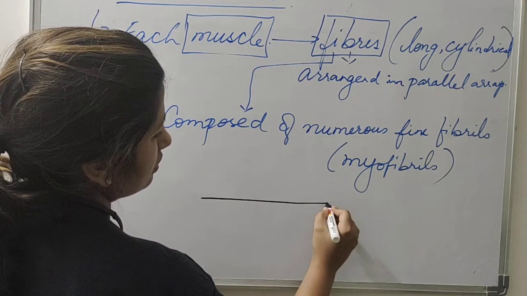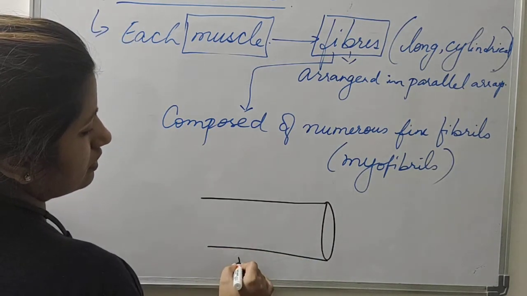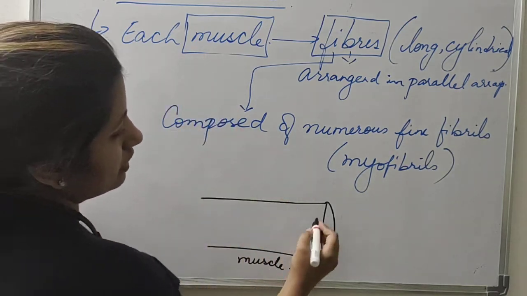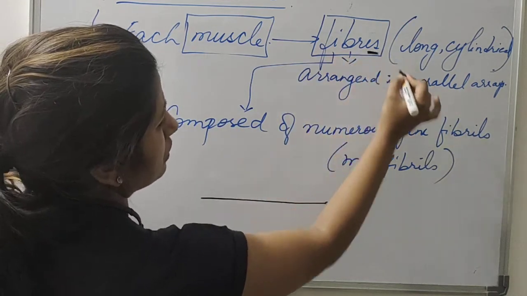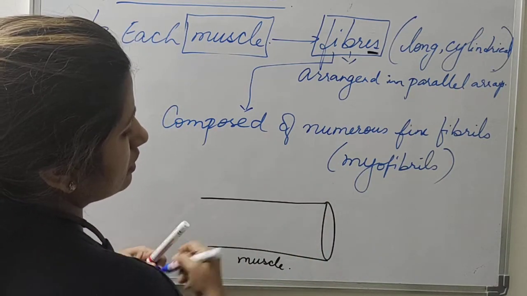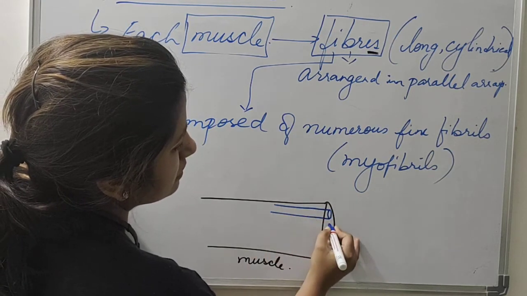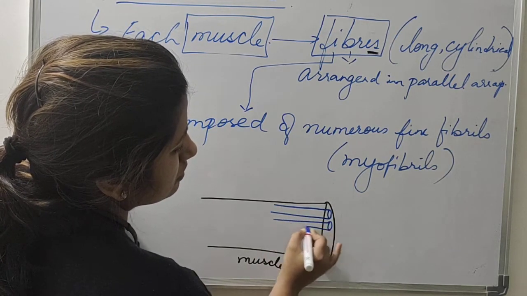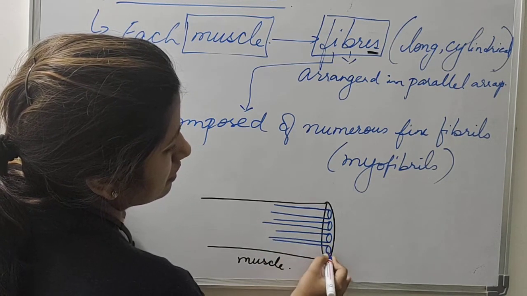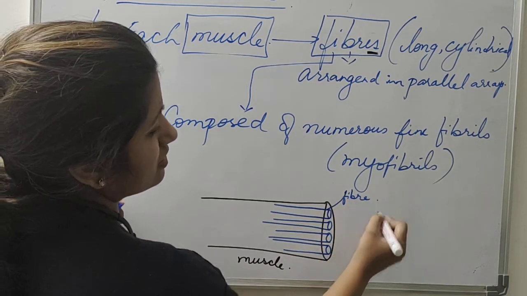Consider this to be your one muscle, each muscle. So they are made up of what? Fibers, plural, many fibers. So inside this muscle there are many cylindrical fibers, which we also call fascicles.